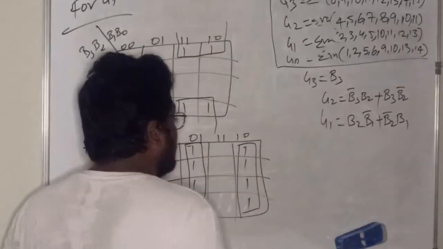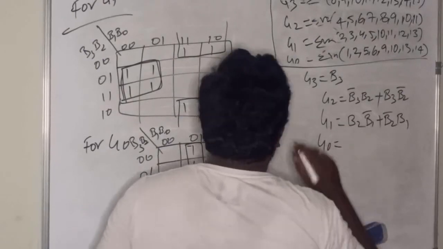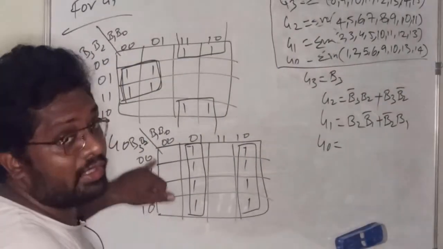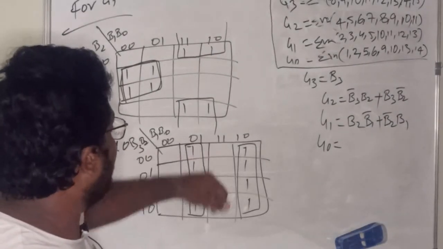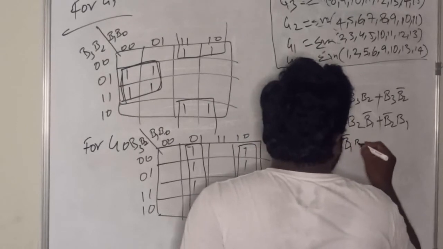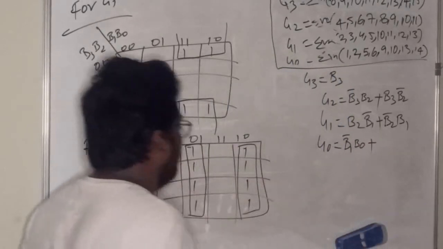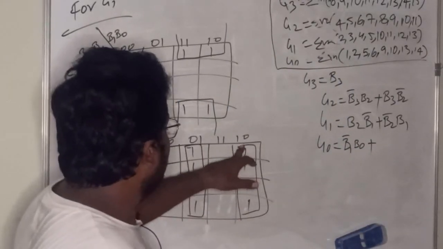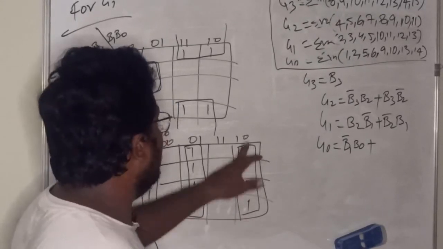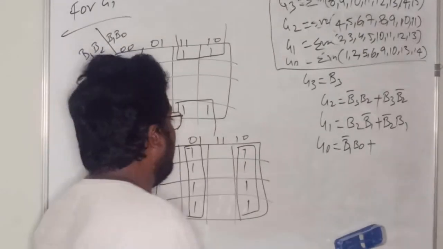So now G0 is equals to, if you observe B3 and B2 values are varying in all the cases and B1 and B0 are constant. So B1 complement B0 plus, in this quad also B3 and B2 values are varying and B1 and B0 values are not varying.